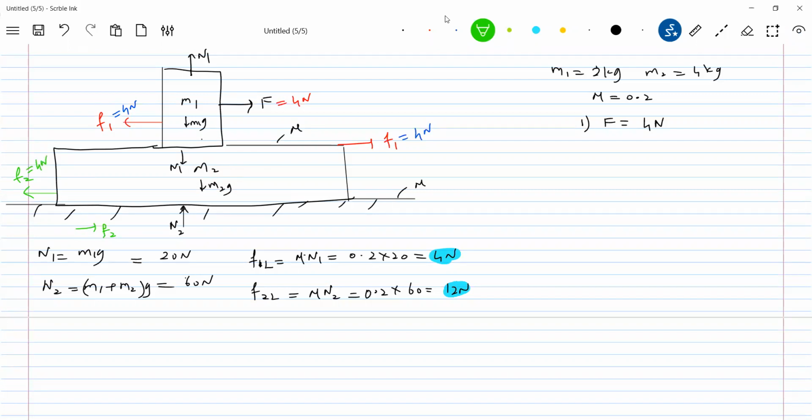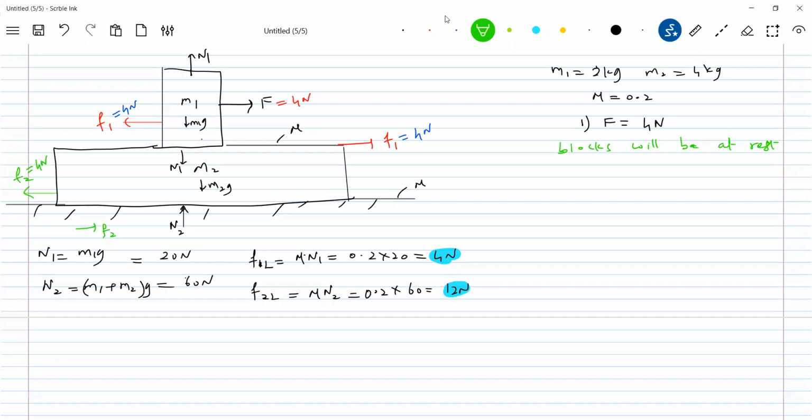So what is the net force acting on the system? It will be 0. What is the state of blocks M1, M2? They will be at rest. Got the idea now? First, the direction of frictions. Now you can ask, sir, why didn't you assume acceleration?